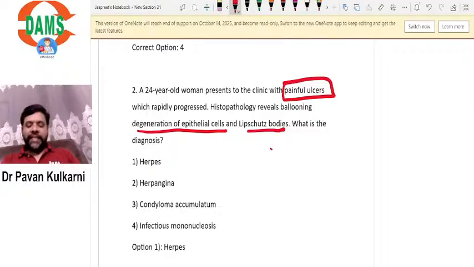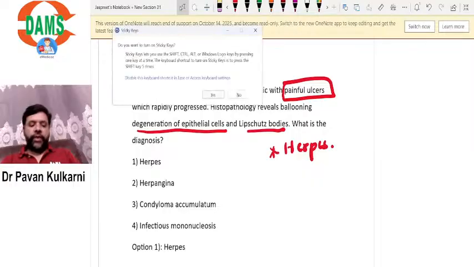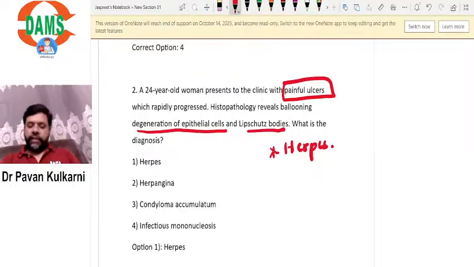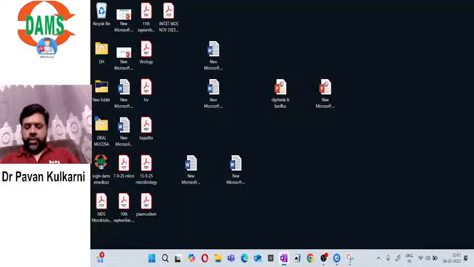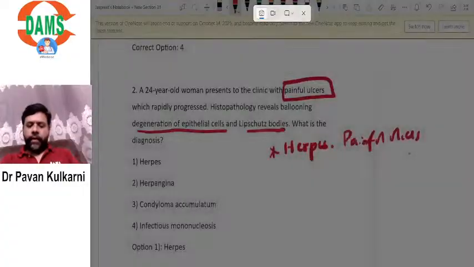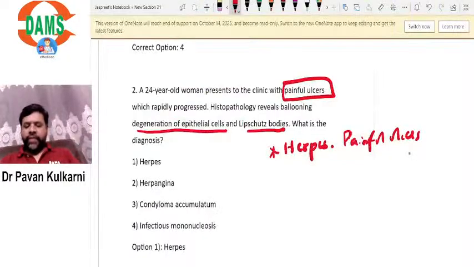Let us understand some important points. In herpes, the ulcers that you see are always painful ulcers. Secondly, remember that it is a virus.